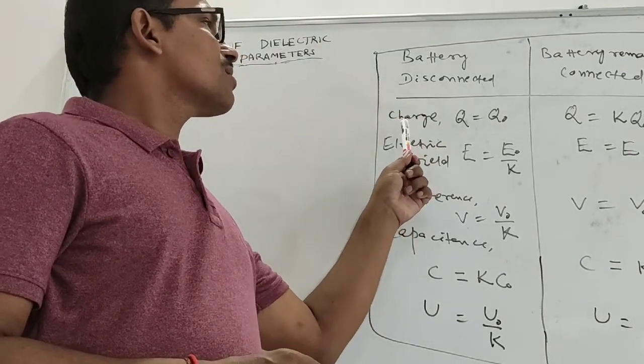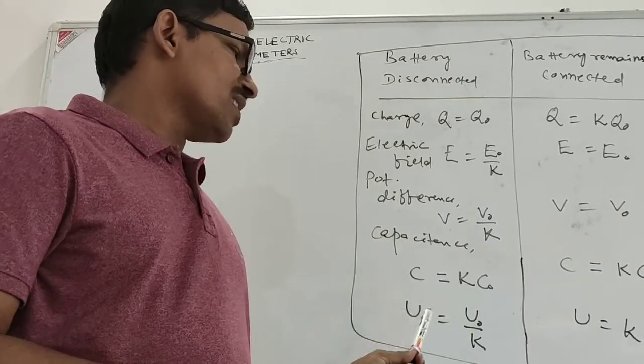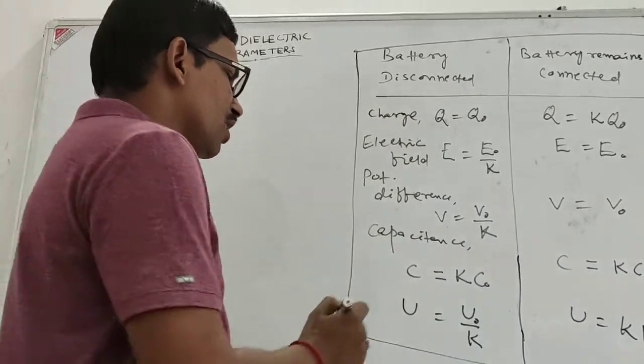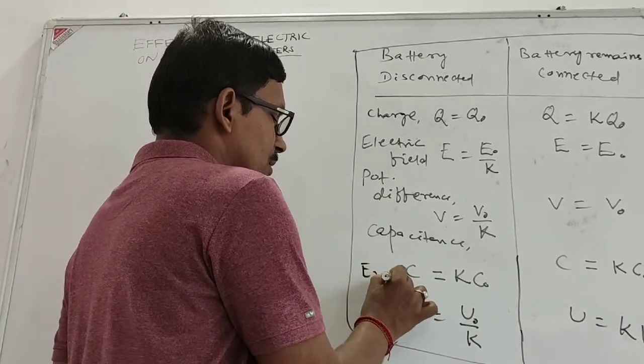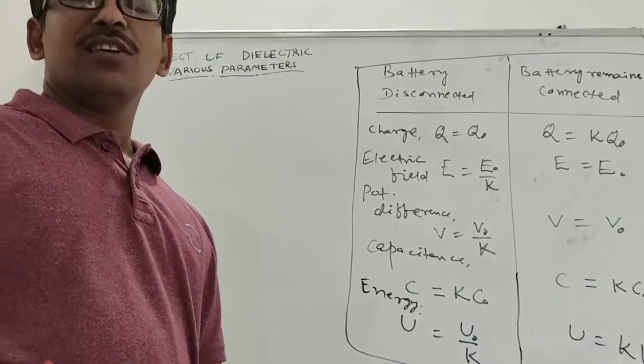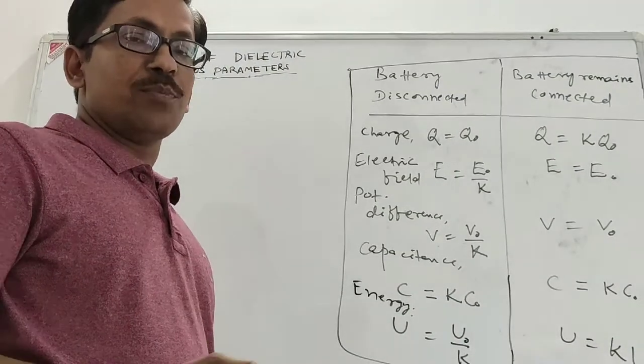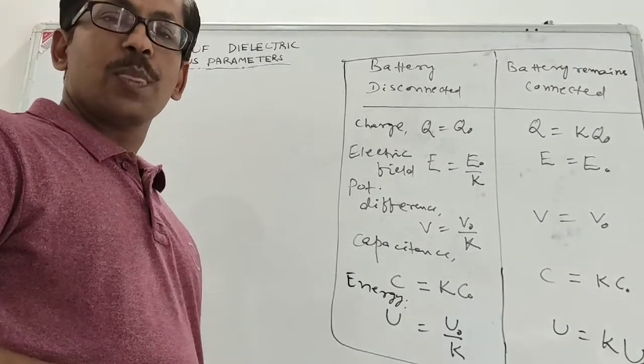The various parameters may be charge, electric field, potential difference, capacitance, or the total energy stored. How are they affected when a dielectric slab is introduced in between the plates of a parallel plate capacitor?